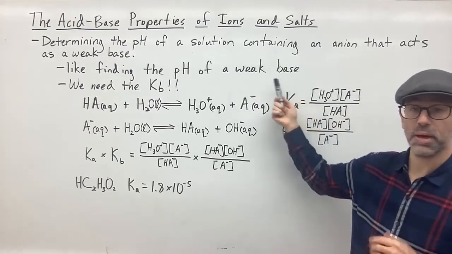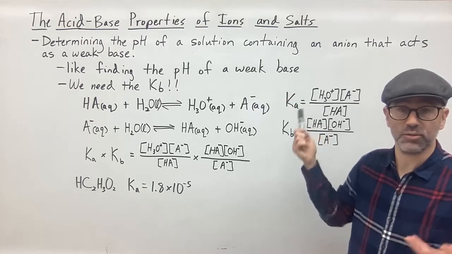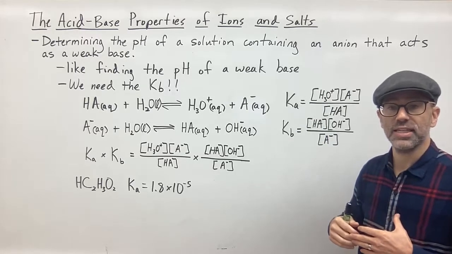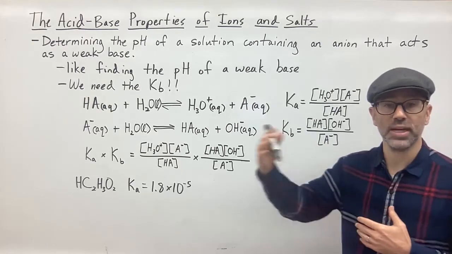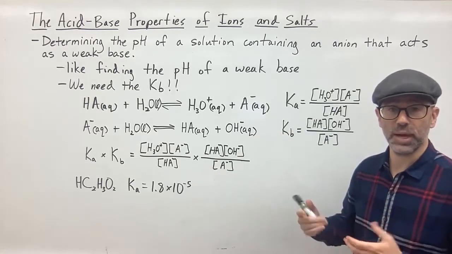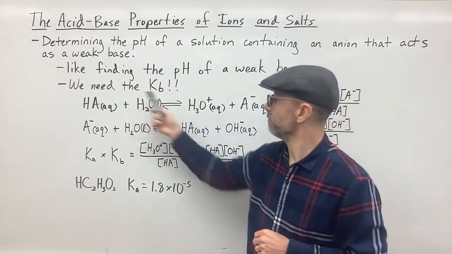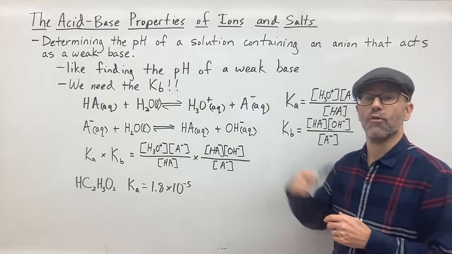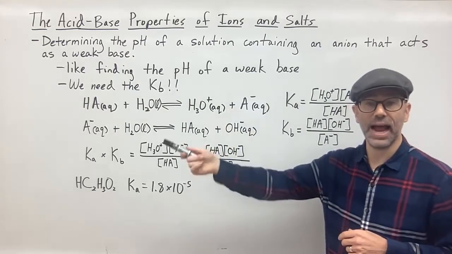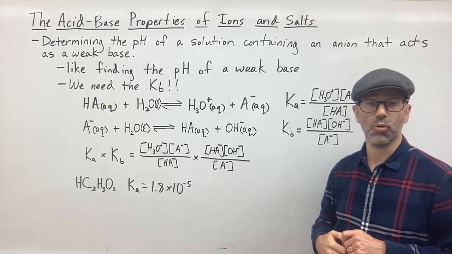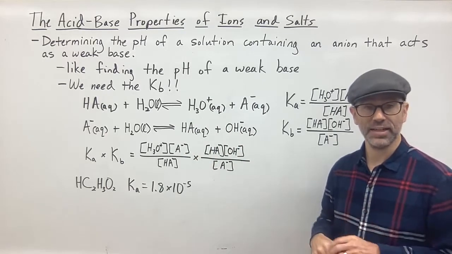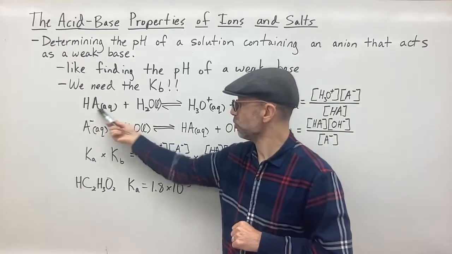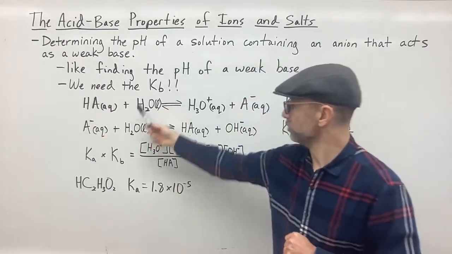basically we're going to use the method of a weak base, since that's what the anion is. So if the anion is the conjugate base of a weak acid, then this is going to be a weak base. So you need to first find the Kb, right? So you're going to find the Kb from the Ka of the acid from which the anion came. So here you can see that here's our weak acid. It's going to react with water.